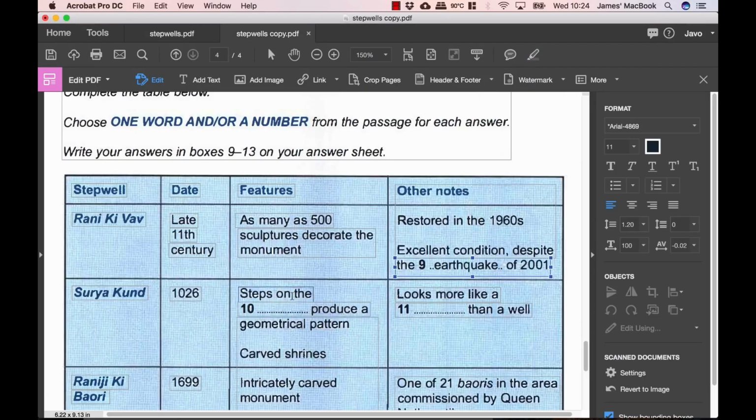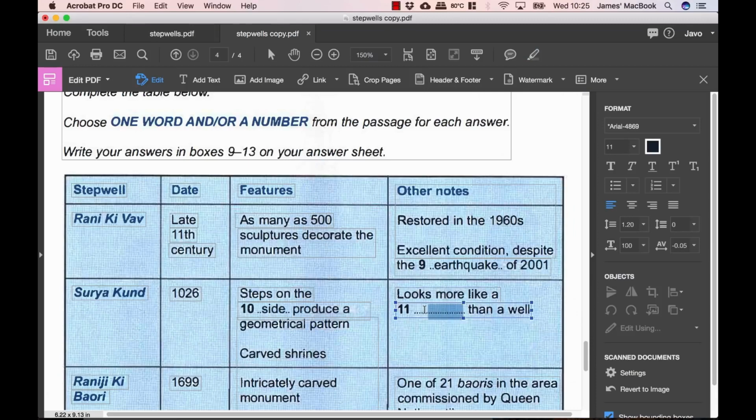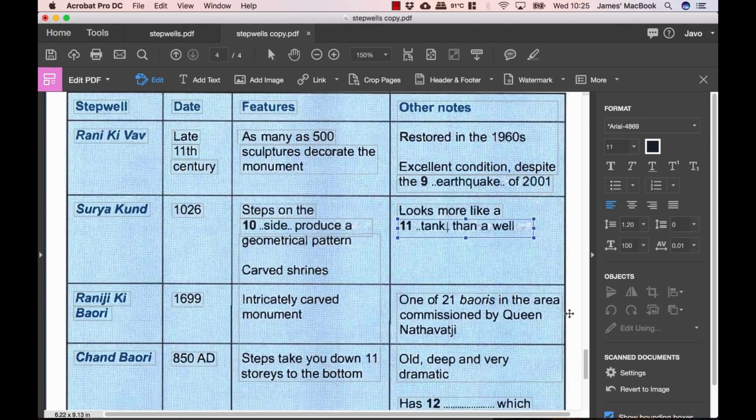Sides of steps. Steps on the side. Okay, so steps on the side produce a geometrical pattern. It resembles a tank, looks more like a tank. Well, okay.